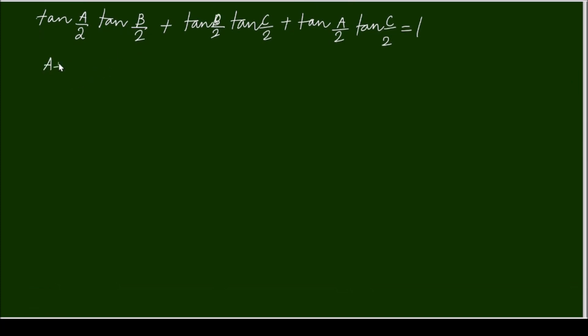It is a triangle, so A plus B plus C is equal to 180 degrees. That means A by 2 plus B by 2 plus C by 2 equals pi by 2, that is 90 degrees.